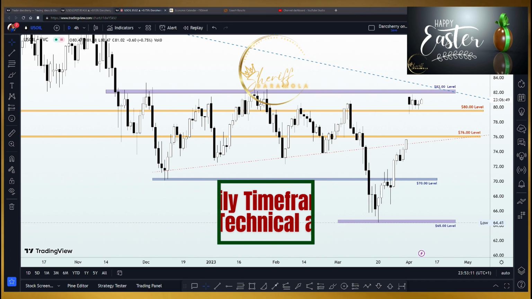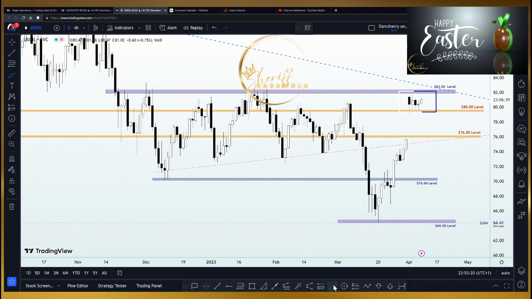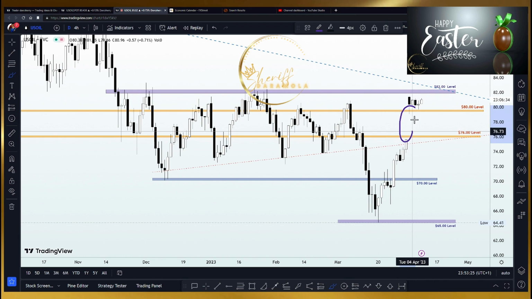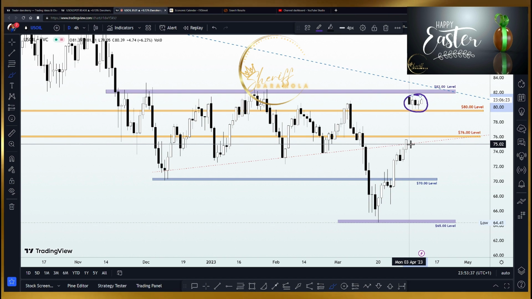This was as a result of the fact that throughout the course of last week's trading session, we saw how price action continued to consolidate despite the huge bullish gap that was witnessed at the beginning of last week's trading session. Price was ranging just right above that $80 area. Because of this, we are going to continue to use the current market structure.